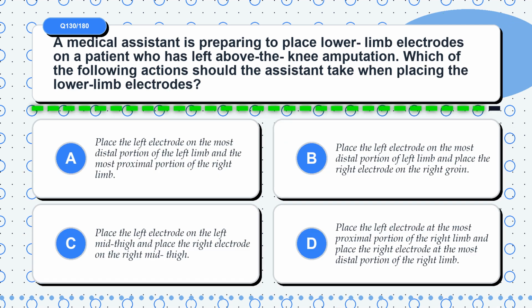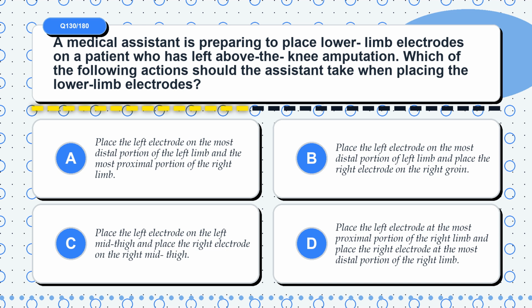Question 130. A medical assistant is preparing to place lower limb electrodes on a patient who has a left above-the-knee amputation. Which of the following actions should the assistant take when placing the lower limb electrodes? Here are the options. Option A, place the left electrode on the most distal portion of the left limb and the most proximal portion of the right limb.